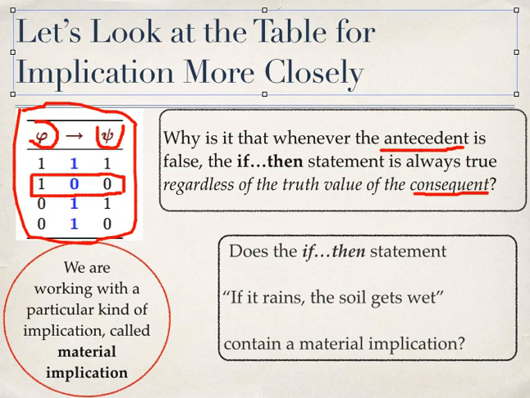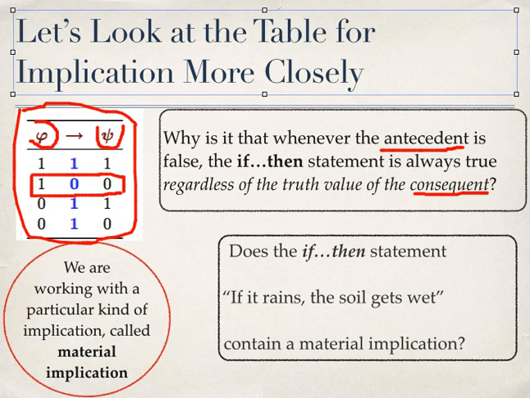So according to the truth table of the implication that we have here, whenever the antecedent is true but the consequent is false, then the implication is false. And whenever the antecedent is true and the consequent is also true, then the implication is true.